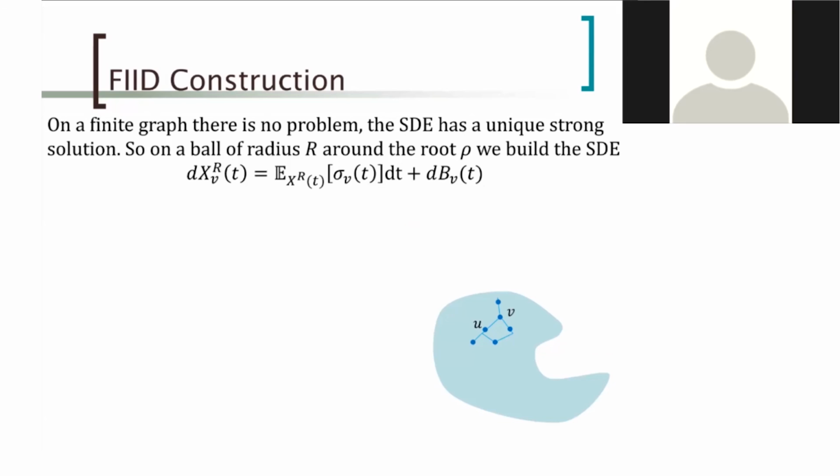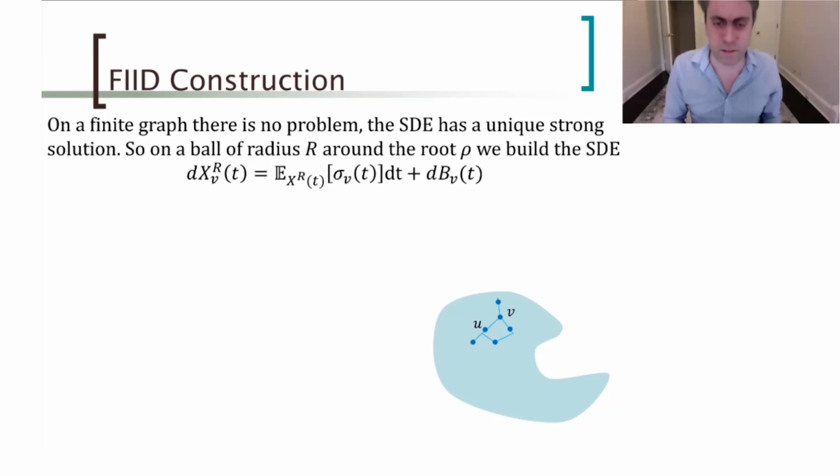There is this expectation with respect to X^R(T) of sigma_V to run the SDE. How explicit is this expectation? Do you need it to be very explicit?